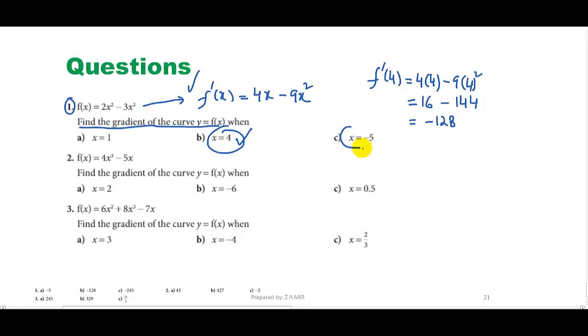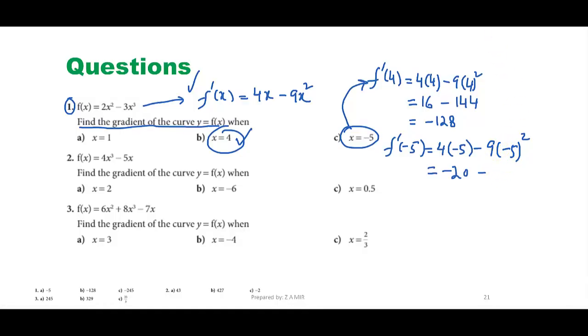And in the same way you can find the gradient at this. Just put x is minus 5 in this. So it will be f dash of minus 5. Let me put 4 into minus 5, minus 9 into minus 5 squared. So it is minus 20, plus 25 nines, which is 225.